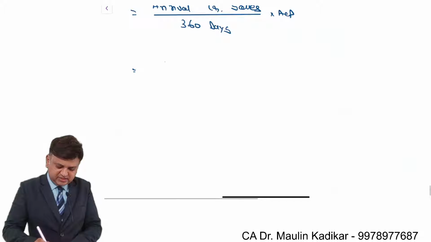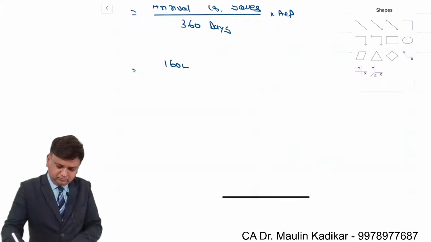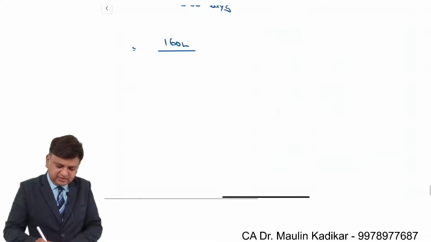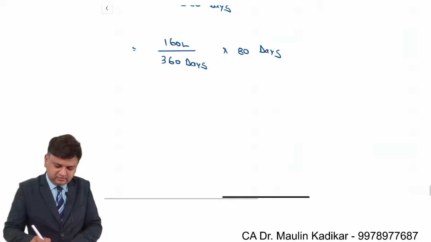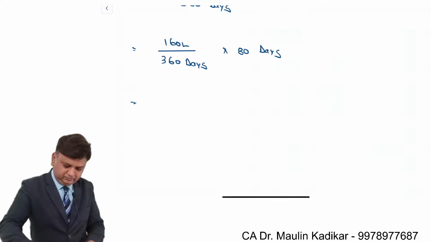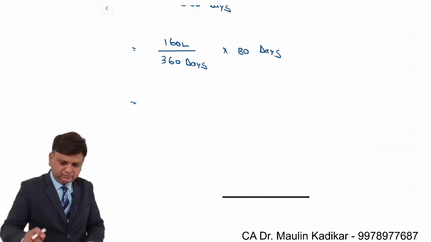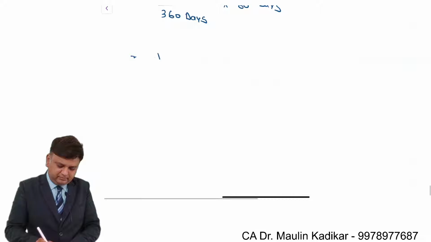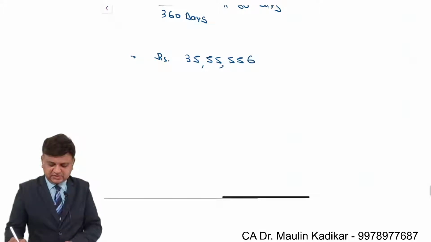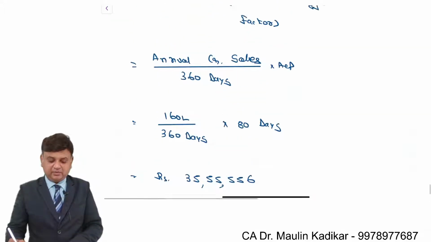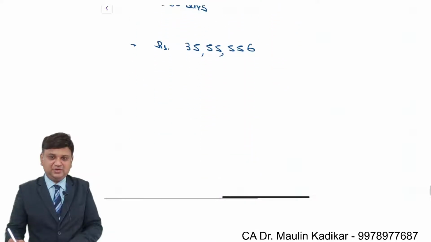So it is 160 lakhs divided by 360 days into 80 days. So it is 35 lakh 55,556. That is when the amount of the debtors is supposed to be calculated.